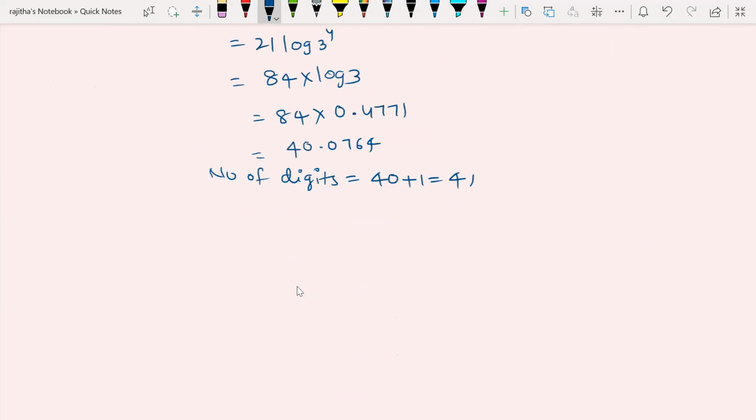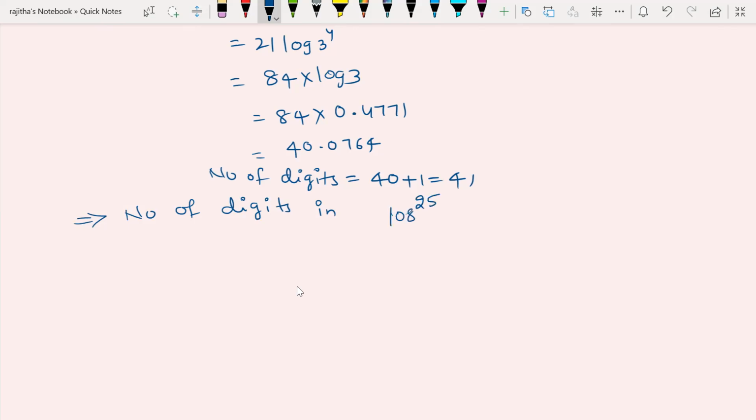One more problem: find the number of digits in 108 to the power 25.